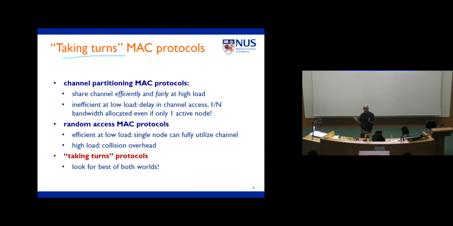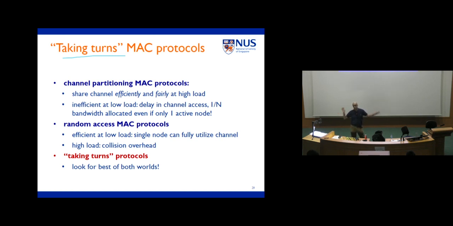So random access protocols work well when the network is lightly loaded. Only a few of the nodes are active. But as everybody starts sending data, network throughput goes down. You have more and more collisions then. So one is good for low loads, one is good for high loads.